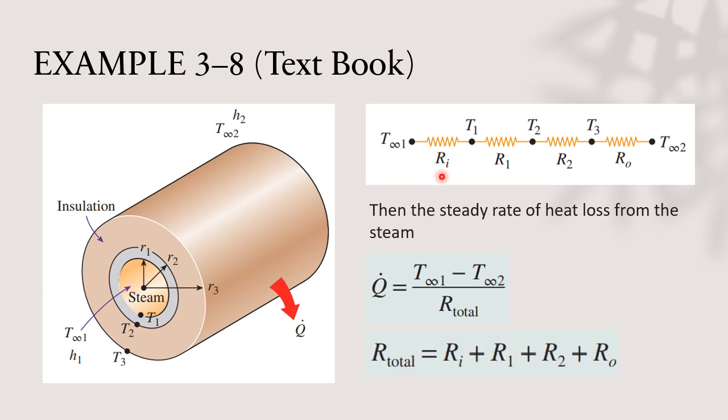From this thermal resistance network, we know that the total thermal resistance is equal to R i plus R1 plus R2 plus R o. So this is the equation for R total.